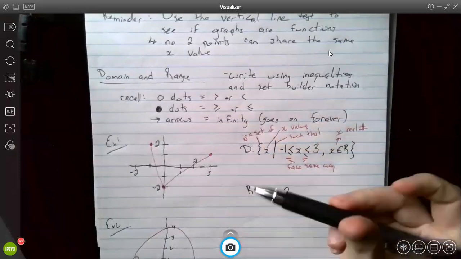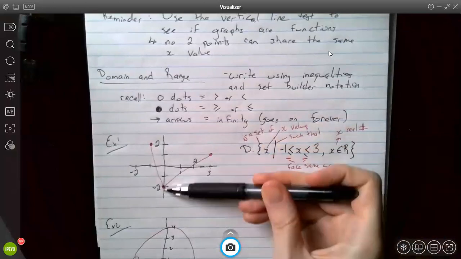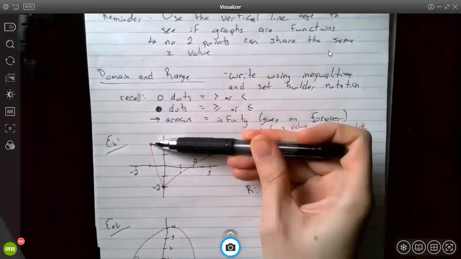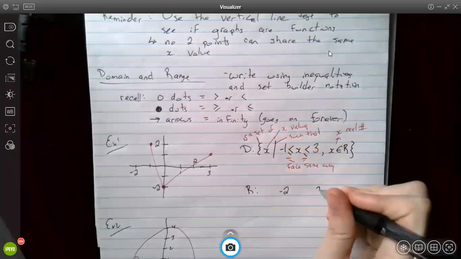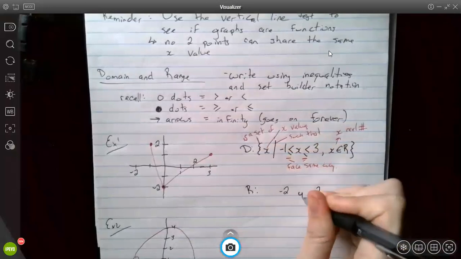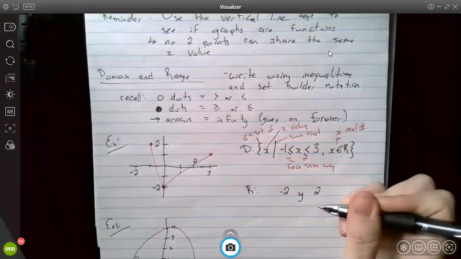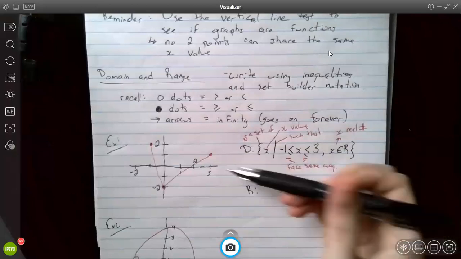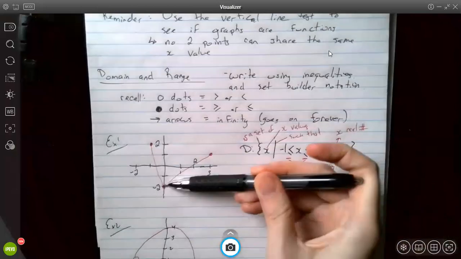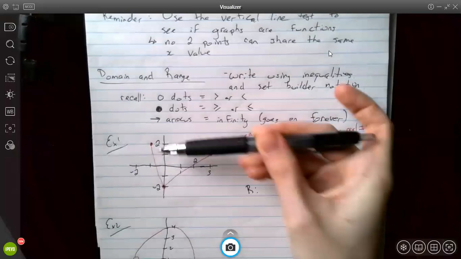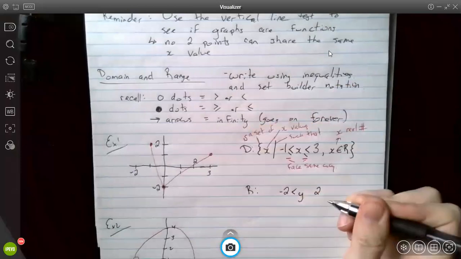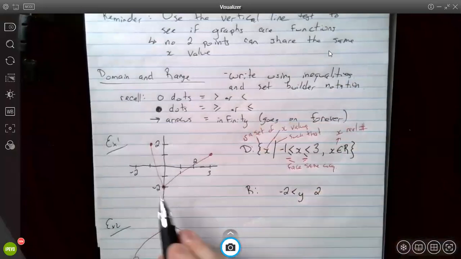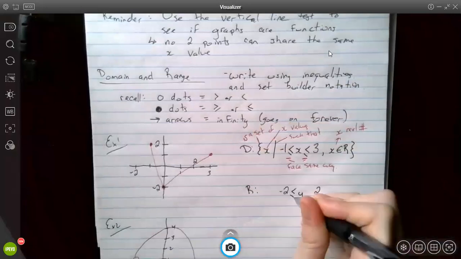And then our highest value anywhere on the graph is this point here, which is at a 2. And then again, we're going to put our y in the middle. All of the y values of this graph are above -2, so we're going to say that y is greater than -2. And because our dot is closed, it could also equal -2.